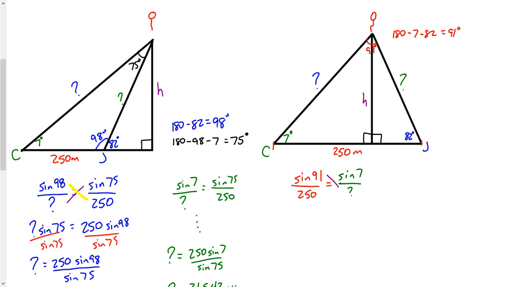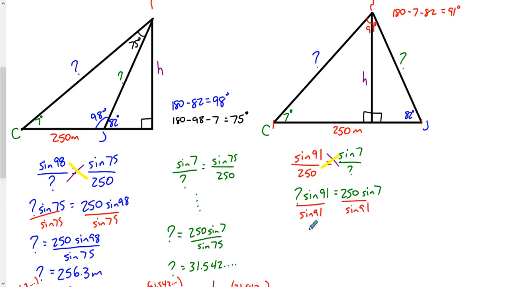So do a cross multiplication. So question mark multiplied by the sine of 91 would equal 250 multiplied by the sine of 7, and our unknown value will be 250 multiplied by the sine of 7 over the sine of 91.